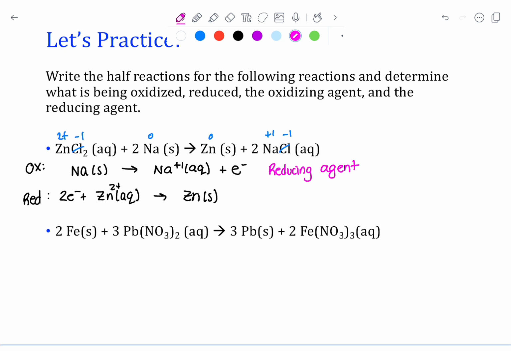Zinc is being reduced and is therefore the oxidizing agent. It's accepting the electrons that are being given up in the oxidation reaction. So remember, they're opposites. Whatever's being oxidized is the reducing agent. Whatever's being reduced is the oxidizing agent.